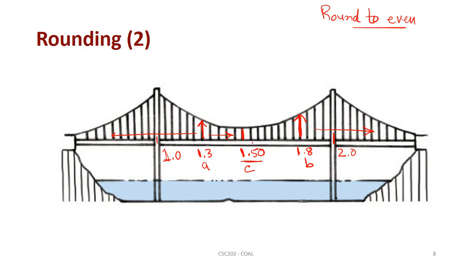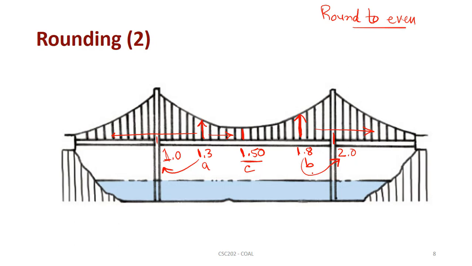So let's say you have 1.3 and 1.8 and you just want to round them to no decimal figure. So 1.3 will be converted to 1 and 1.8 will be rounded to 2. Very simple technique.